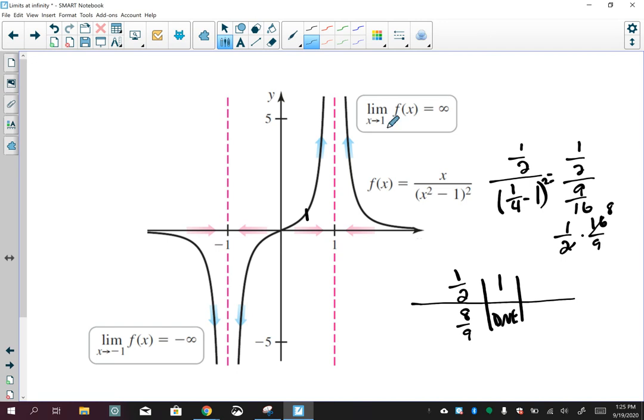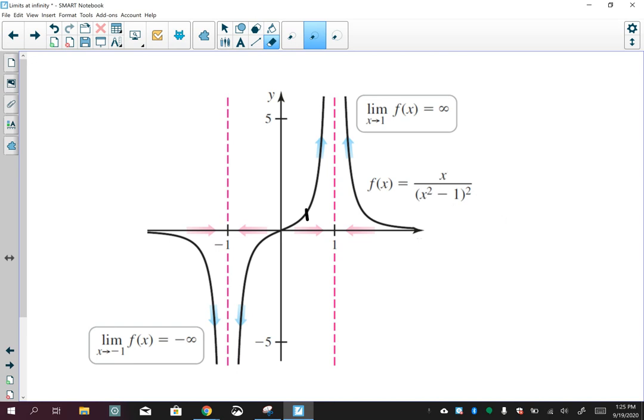If I plug in that 1, you have to notice that this did not go to 0. The bottom did, but your numerator did not. And since it did not go to 0, you know you have something here that doesn't exist. So really the only thing that you're trying to figure out from this point is, how do I know if I'm going towards positive infinity or negative infinity?